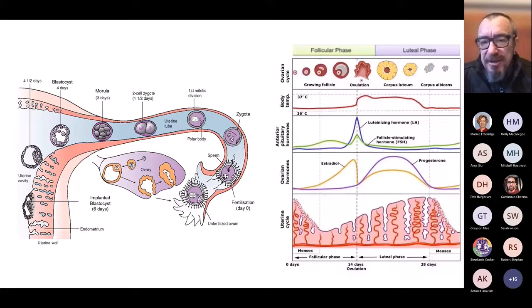So we're getting some distinct cell masses that will go on different lineages in terms of what they develop into, and it's the blastocyst that then implants down into the endometrium of the uterus there.